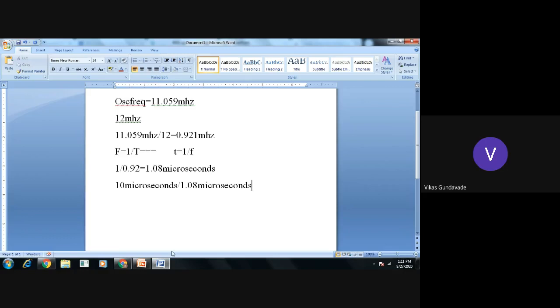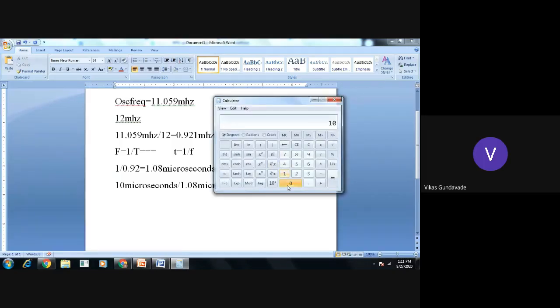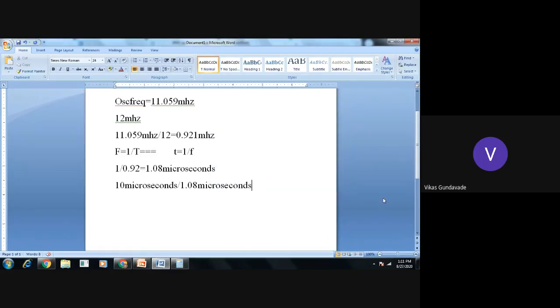So 10 divided by 1.08 is 9.259, or simply we will take it as 9. So that will be the result, that will be the count. Count is equal to 9.